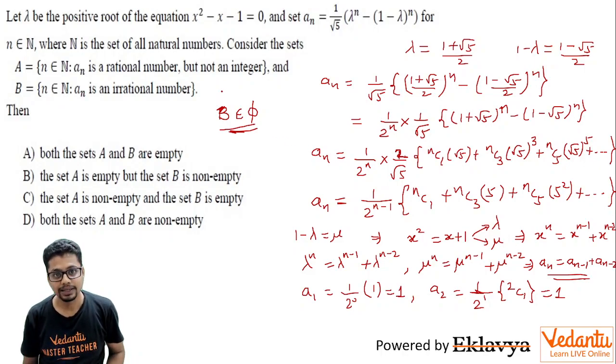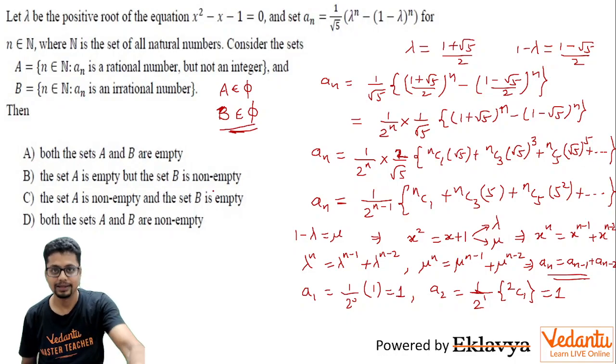So even set A belongs to phi. That means set A is an empty set, because all an for all natural numbers n are not just rational numbers but also integers. Thanks for listening. So here our answer would be A. Stay tuned.